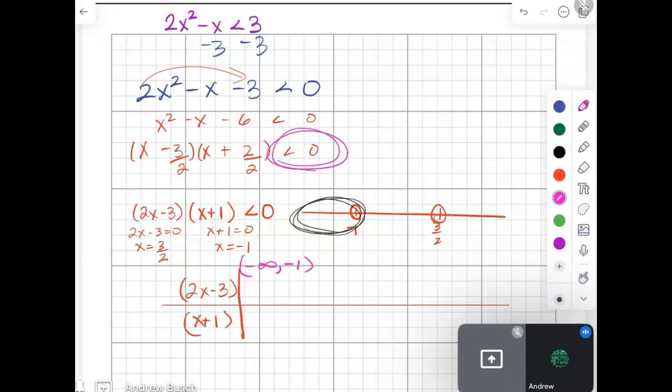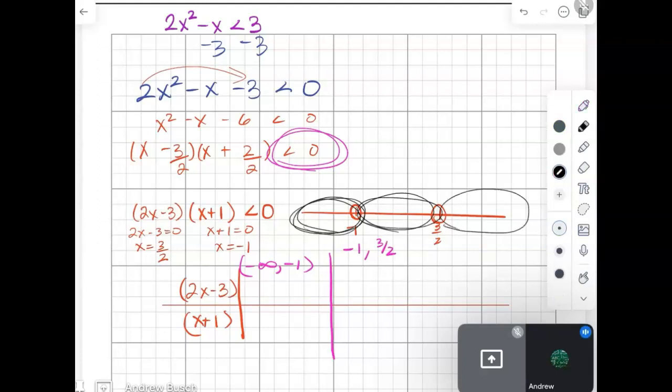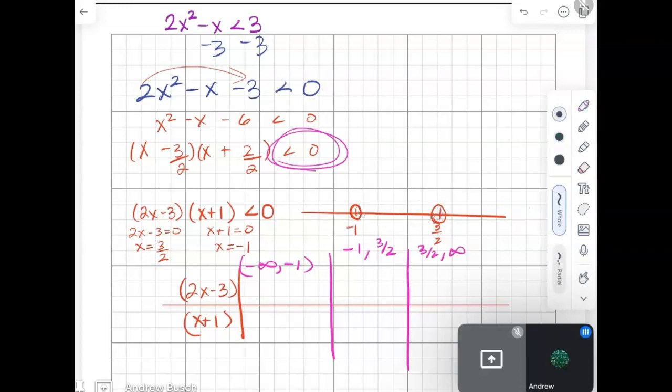Then the next interval I see is from negative 1 to 3 over 2. And then the next interval is positive 3 over 2 to infinity. And so those are going to be the labels in my chart for each column.